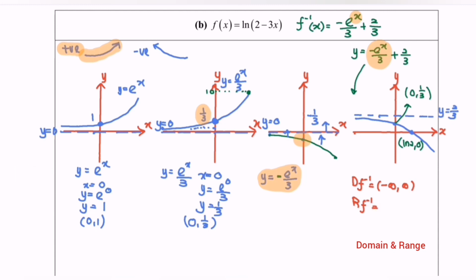In this case, the minimum value for y would be negative infinity until the maximum one. The maximum will be 2 over 3, where 2 over 3 is not included. So that is the process on how to sketch the f inverse, or the graph for the exponential function. Thanks for watching.